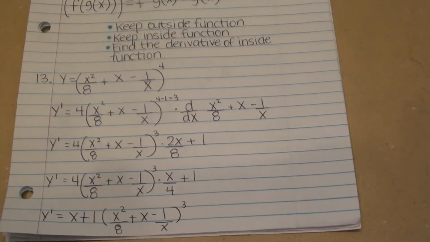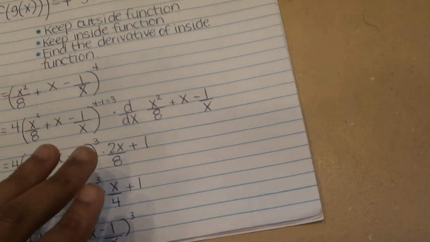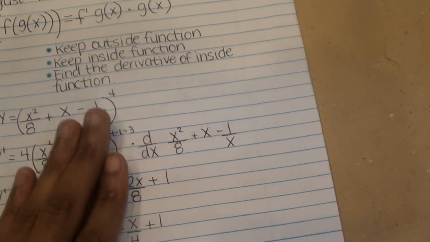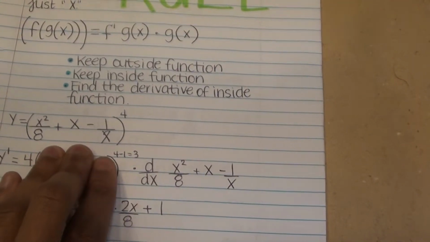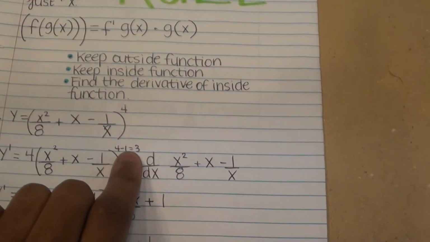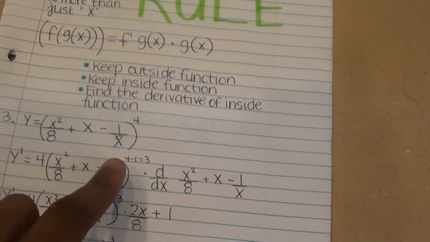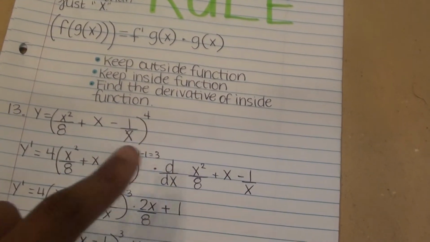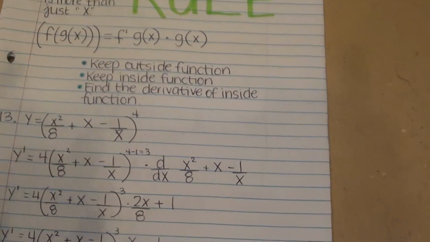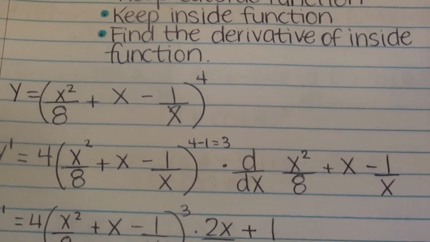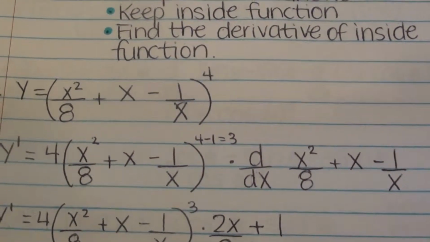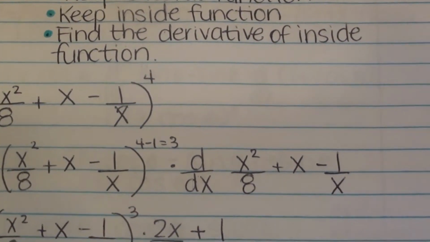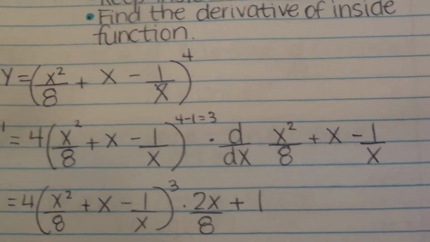So now you're going to cover up your inside function, and you're going to bring the exponent, multiply the exponent to the front, and subtract 1 from the exponent. So it becomes 4 times x squared over 8 plus x minus 1 over x to the 3rd power times the derivative of the same inside function, which is x squared over 8 plus x minus 1 over x.